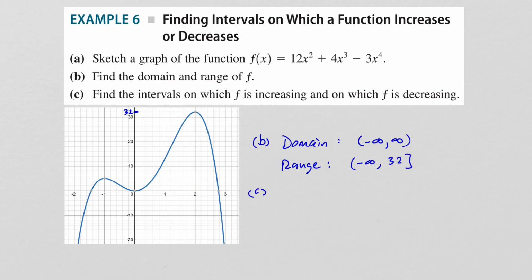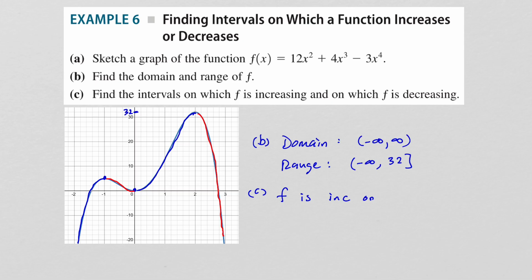Now for part C, find the intervals on which f is increasing and also on which it is decreasing. So f is increasing when it is going up, and we can see that f is increasing all the way up to here, and then it decreases, doesn't it? So it decreases here, and then f increases again here, and then it decreases for the rest of the time.